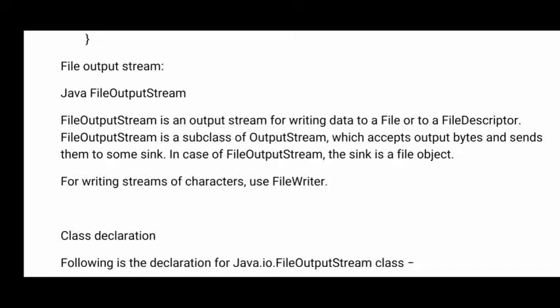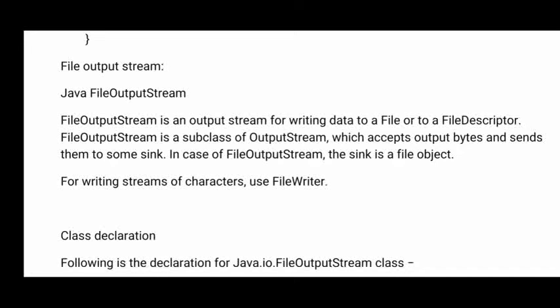So using this stream, we are writing some content into that file. If you want to write something to the file, here we'll use the file output stream class.